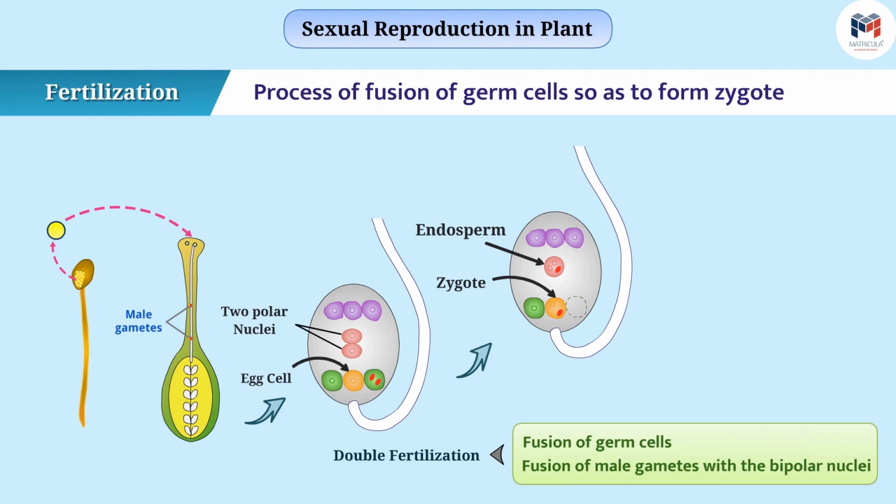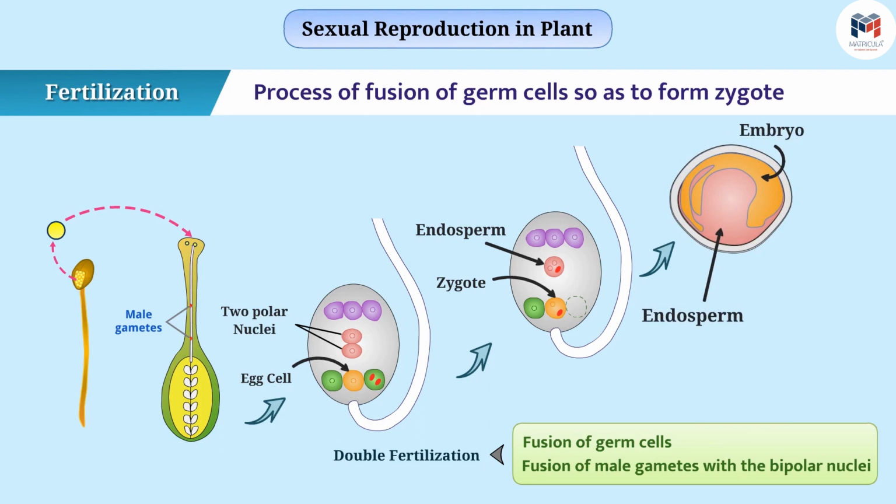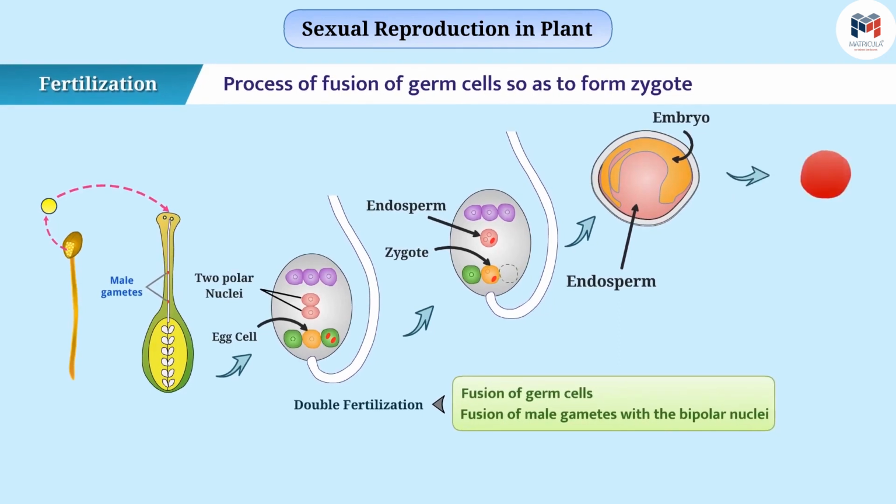After fertilization, the zygote divides several times in the ovule, causing its transformation into the embryo. Endosperm provides nutrition to the embryo. At the same time, the ovary changes into fruit. During this activity, other parts of the flower like sepals, petals, stamens, style and stigma fall off.